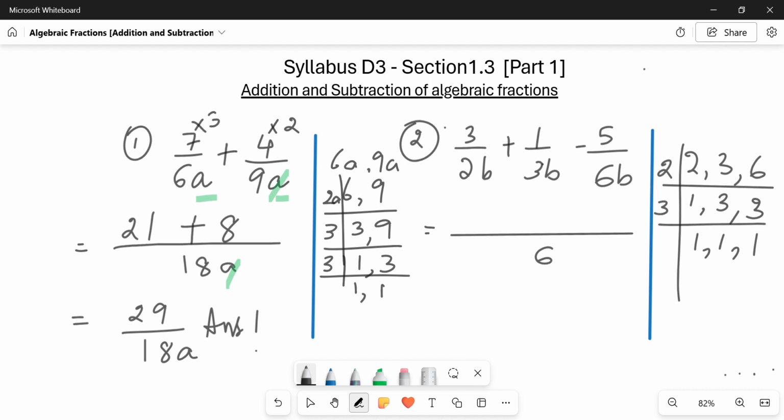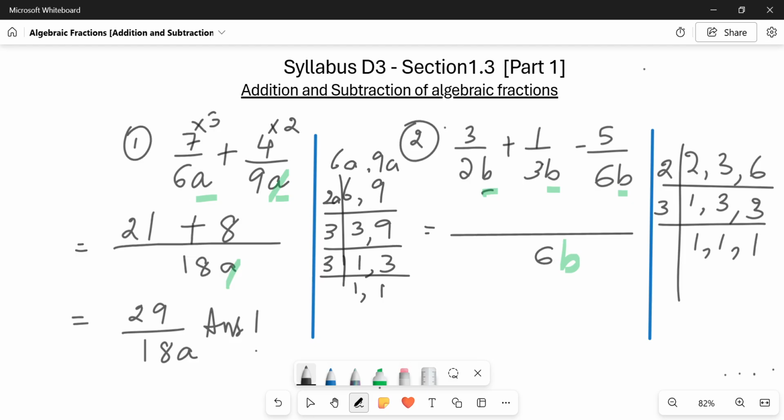And what about the variable? B is here, also B here, and here also B. We have three single B's, so we can take here B, right? 6B. Now what we need to do is division. I'm going to show you how to divide it in a rough column, because I did the very first question mentally, right?